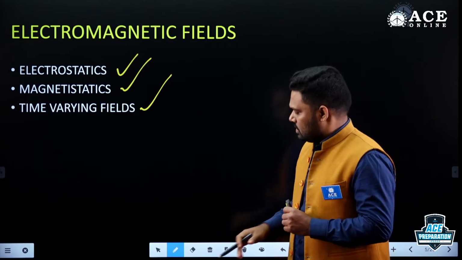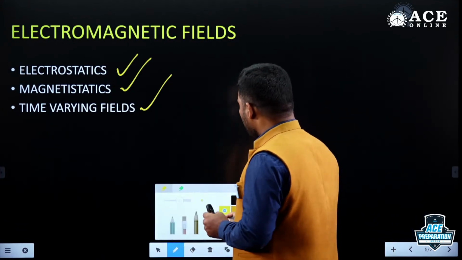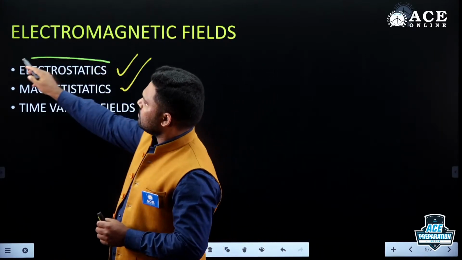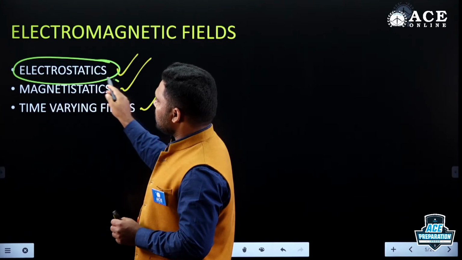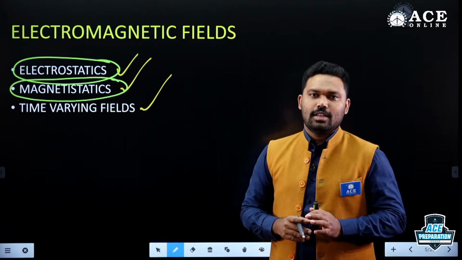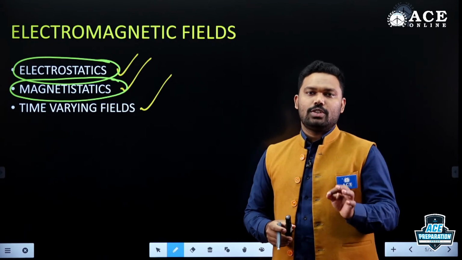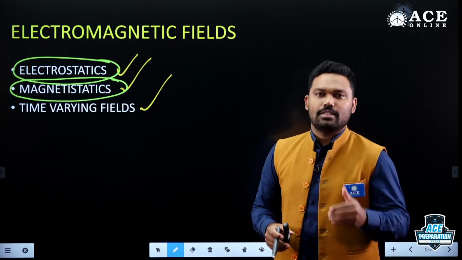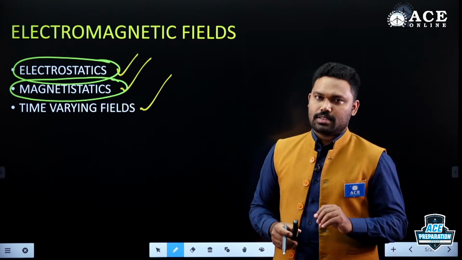Now I am going to take one topic from electrostatics and one topic from magnetostatics, and try to understand what kind of understanding we should have regarding a particular topic and what kind of question patterns were noticed in the previous papers.